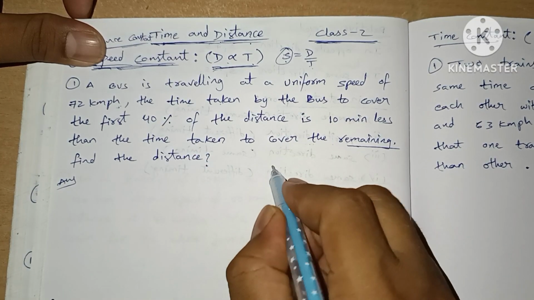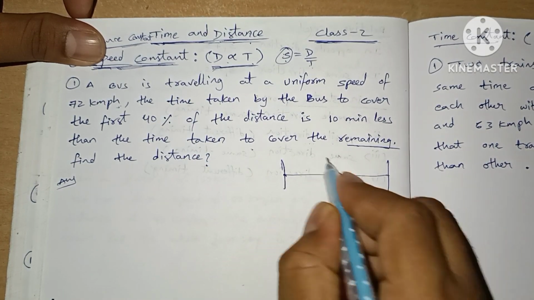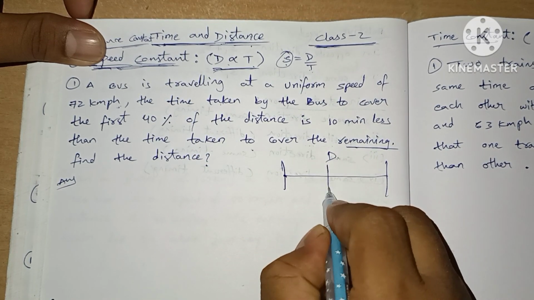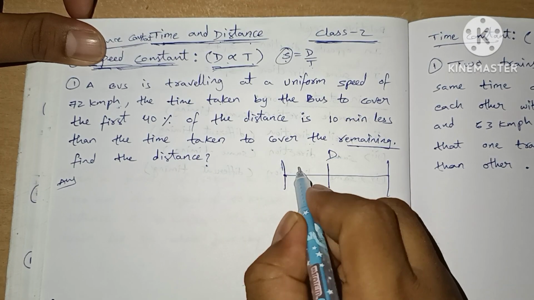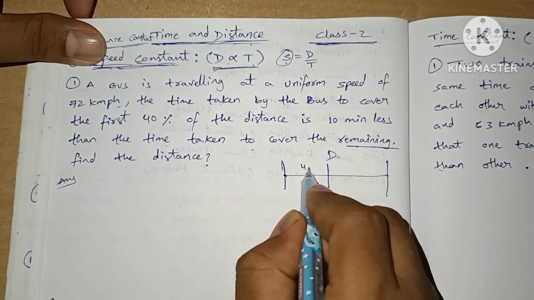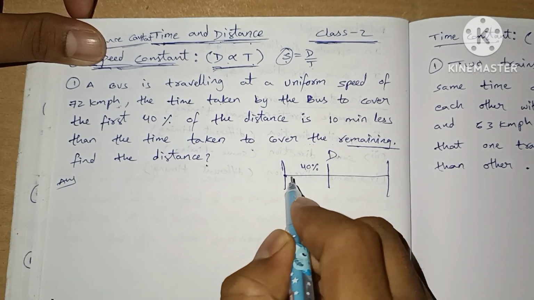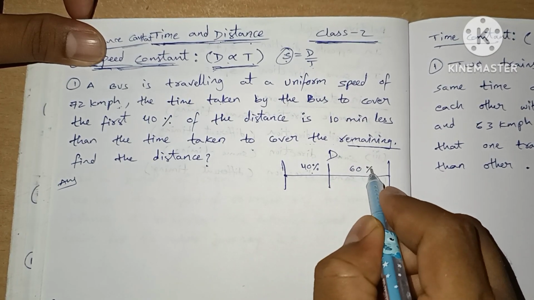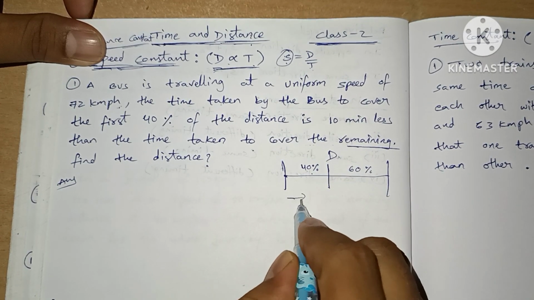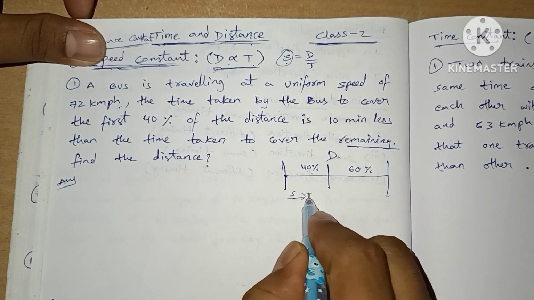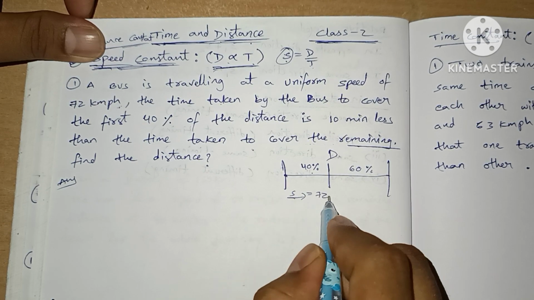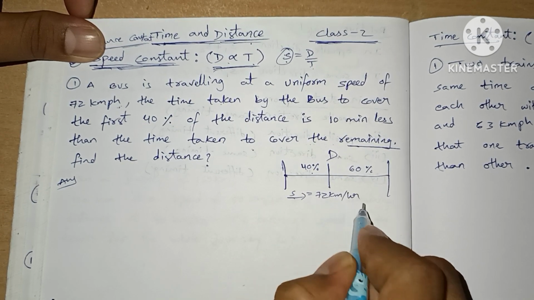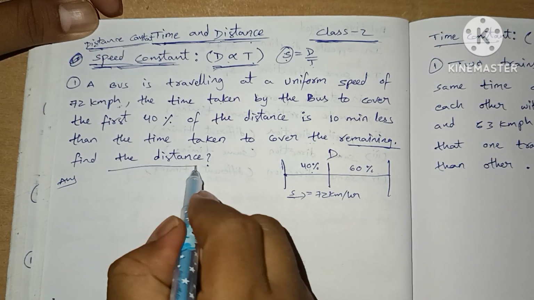So according to the question, a distance d is traveled by the bus. The initial 40% of the distance is covered and then 60% is covered at a constant speed of 72 kilometers per hour. We are asked to find the distance.